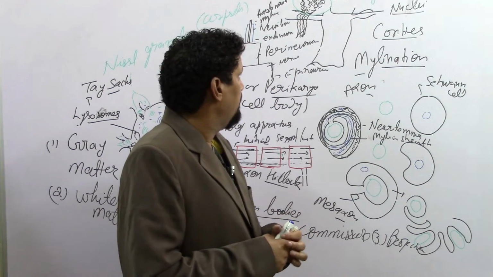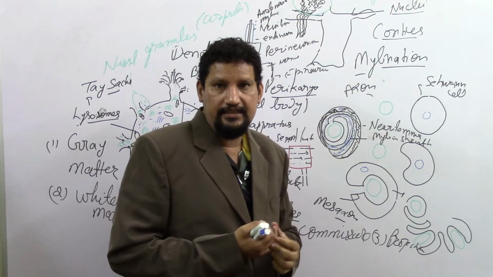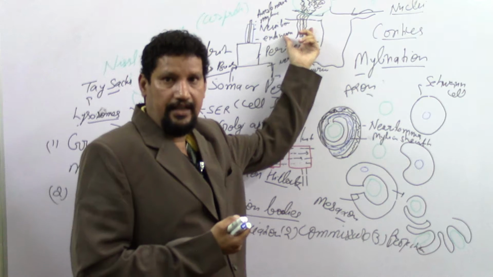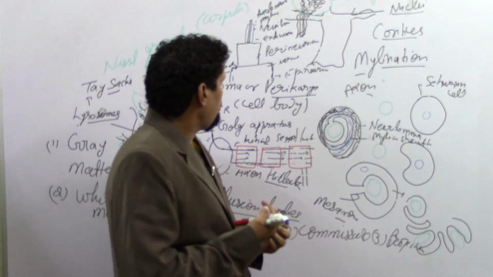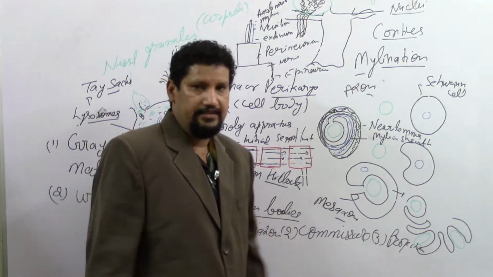And in the peripheral nervous system, the collection of white matter is in the form of nerves: spinal nerves, cranial nerves, or the autonomic nerves. In the case of gray matter in the peripheral nervous system, these are known as ganglia.